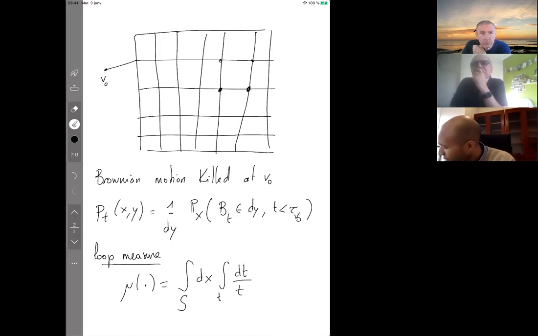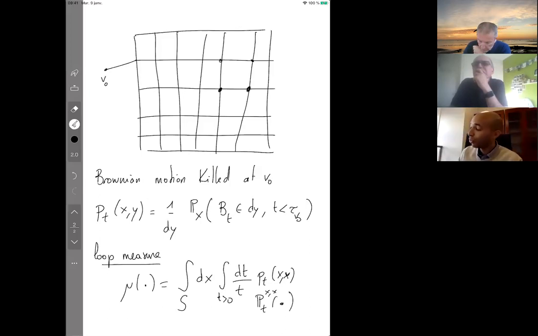You divide by T, where T is positive, and then you take the probability transition density from X to X at time T. And then you take a bridge of duration T starting at X and ending at X. So a bridge from X to X of duration T. So it's a measure on bridges from a point of the graph to itself.